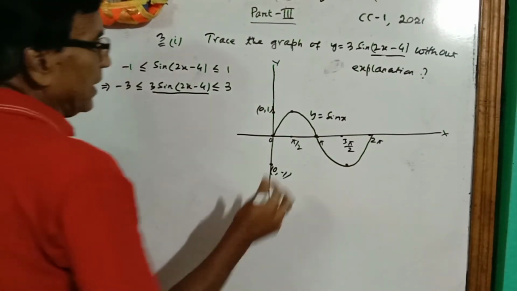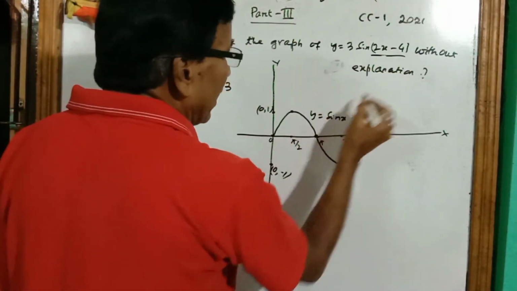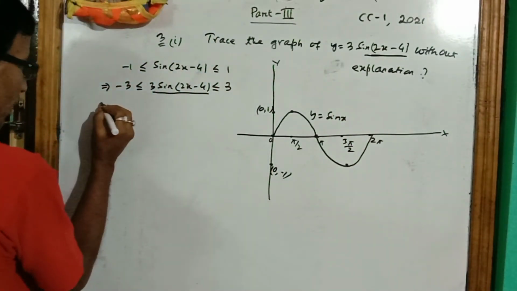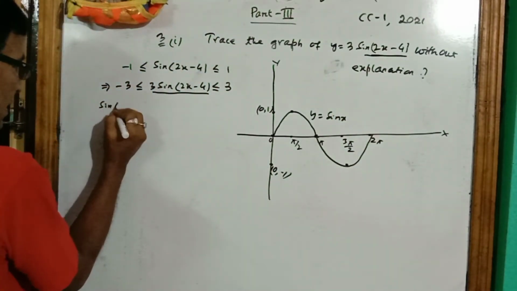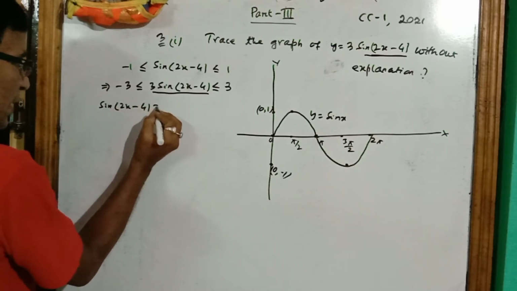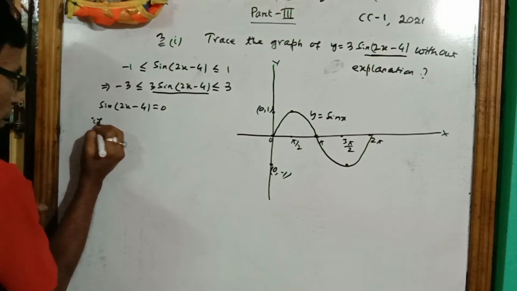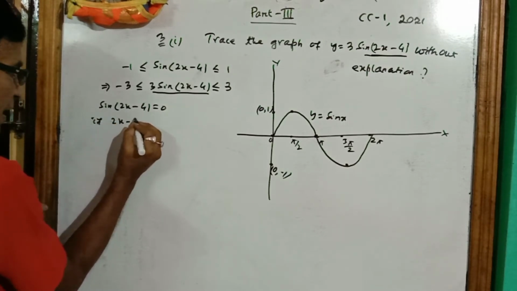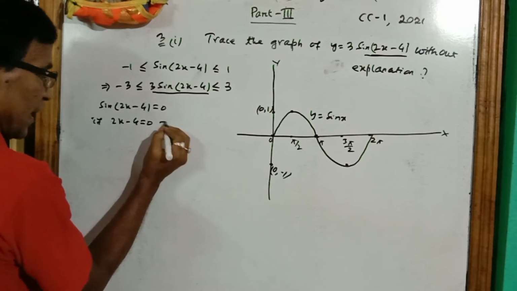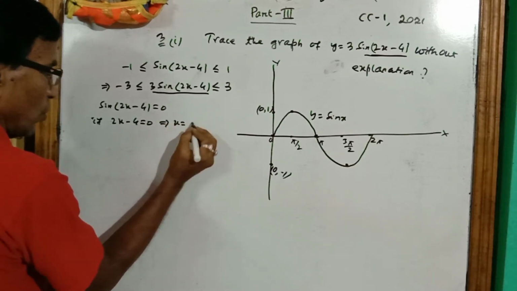Again, we will see when sine of (2x minus 4) will be 0. Sine of (2x minus 4) will be 0 if 2x minus 4 is equal to 0. That implies that x is equal to 2.